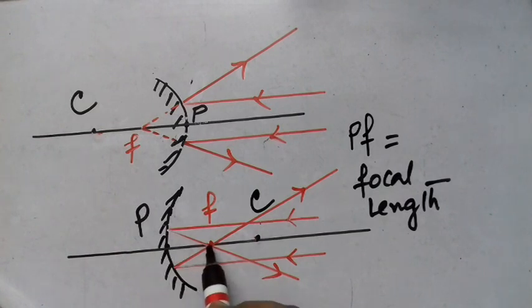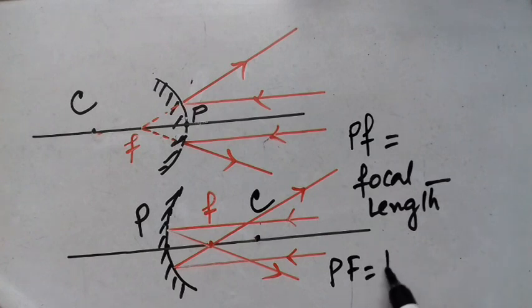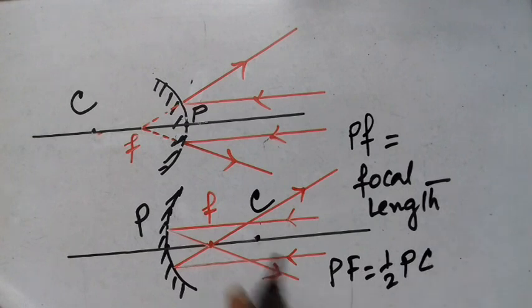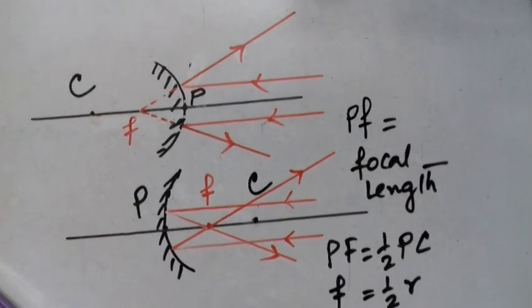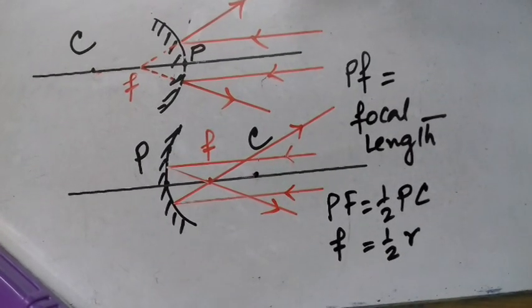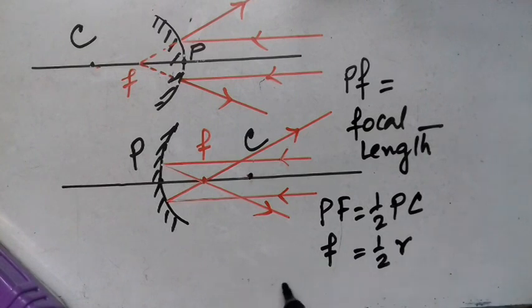So PF can be written as half PC. Already we have learned PC is the radius of curvature, r, and PF is the focal length, f. f is equal to half r, or we can write r is equal to 2f.